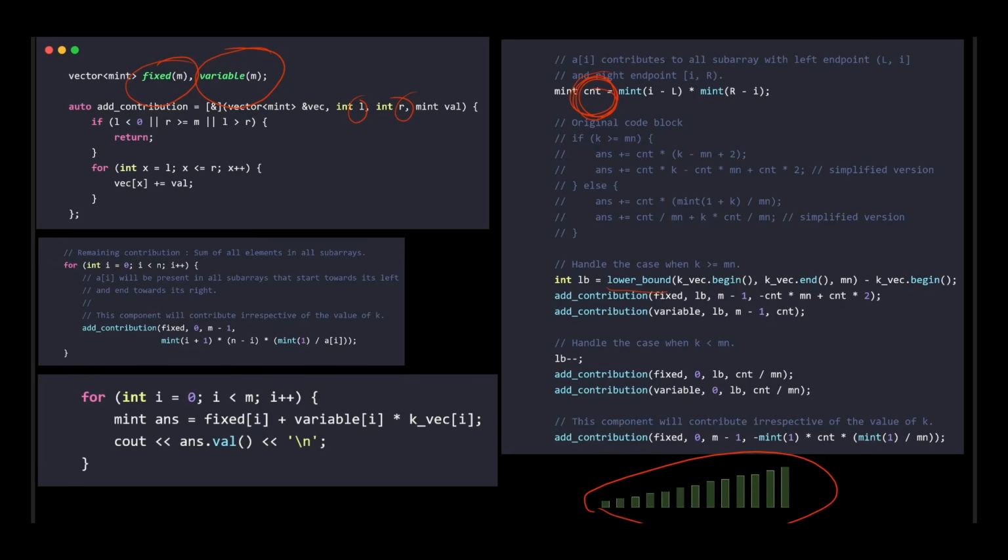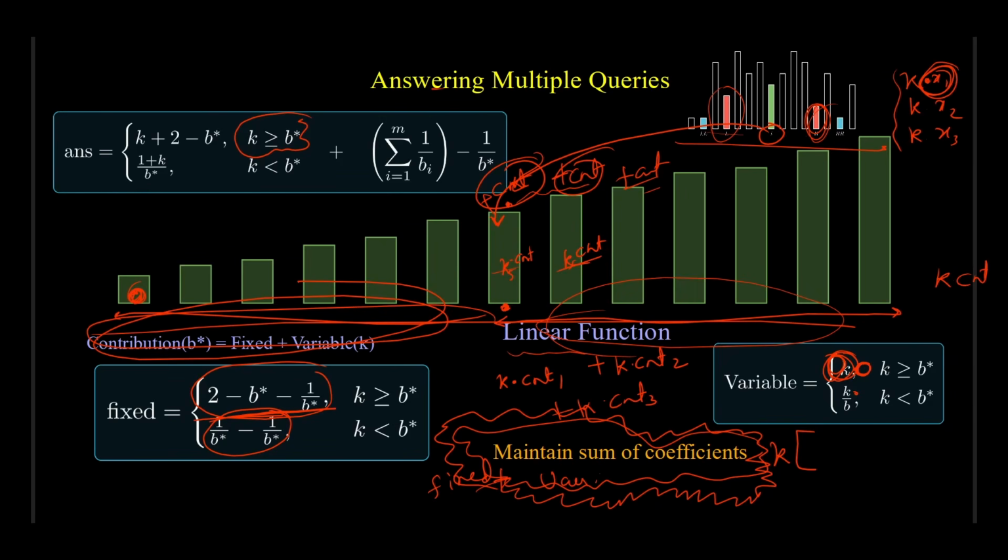So that's why I've written it here: variable contribution of 1 into count and fixed contribution of the top part that we just saw in the previous slide. Similarly, all the k's to the left will receive fixed contribution from the left half, which is 0, right?